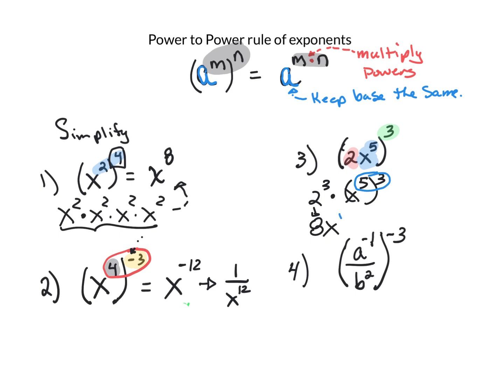So 5 times 3 is 15. So this final answer would be 8x to the 15th power, because the 2 is being raised to the 3rd power, and then the x to the 5th is also being raised to the 3rd power.